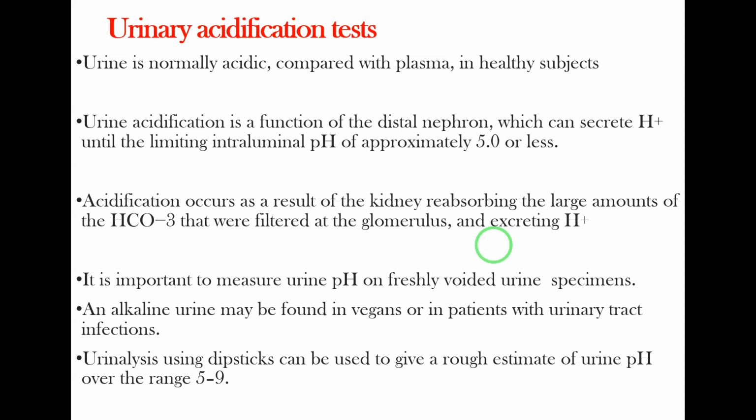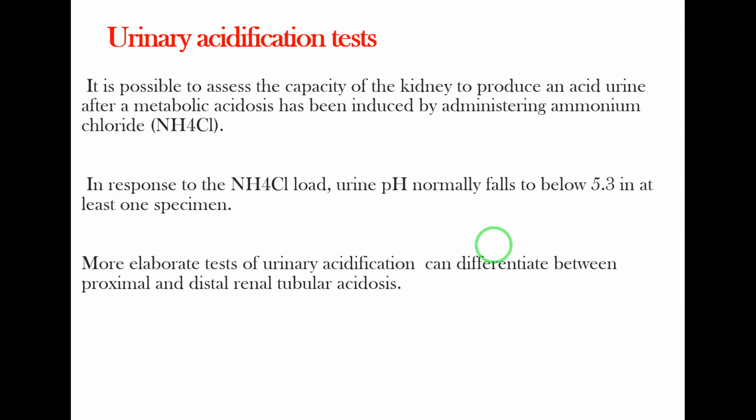But we must keep in mind that there are certain conditions in which there is no defect in the kidney, but still the urine is alkaline, for example in vegans, or in some cases of urinary tract infection. So we must exclude these two conditions before we judge that the alkaline urine is due to failure of the acidification power of the kidney. We can do more sophisticated tests by giving the patient ammonium chloride and testing the urine pH.